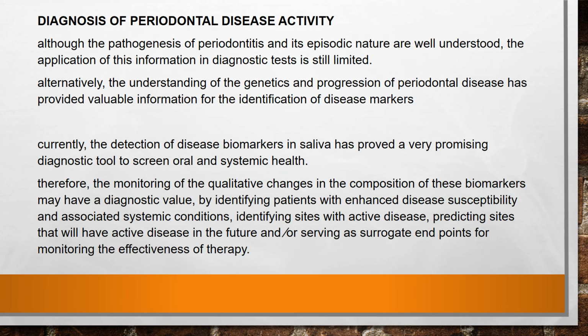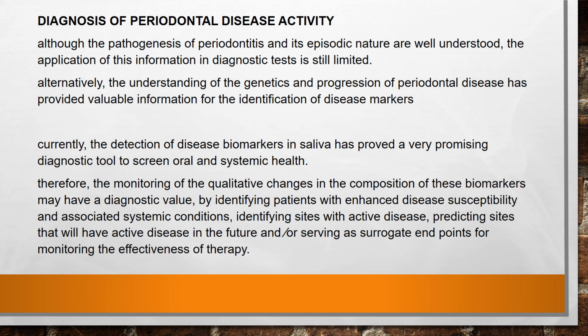Then coming to the diagnosis of periodontal disease activity, although the pathogenesis of periodontitis and its episodic nature are well understood, the application of this information in diagnostic tests is still limited. Alternatively, the understanding of the genetics and the progression of periodontal disease has provided valuable information for the identification of disease markers. Currently, the detection of disease biomarkers in saliva has proved a very promising diagnostic tool to screen oral and systemic health.